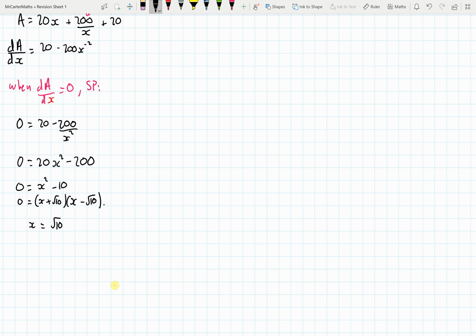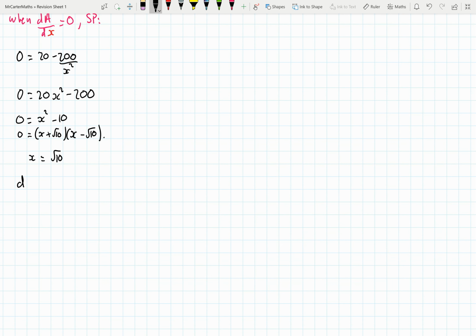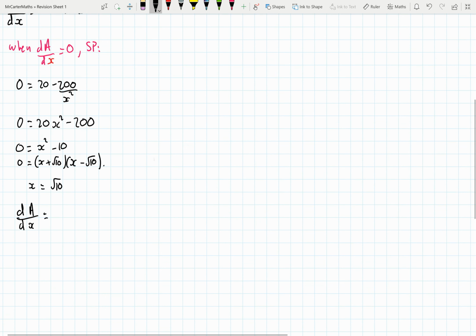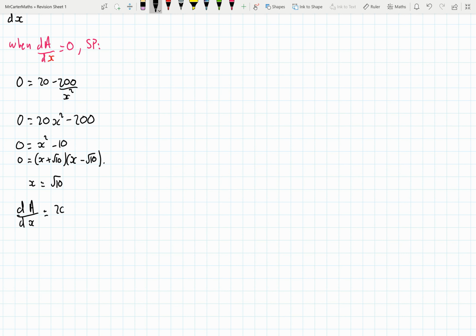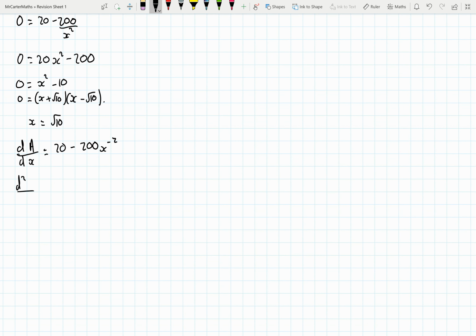I'd like to go a little bit further and check that that's a minimum. I suspect it is, but I need to actually show that in this question. So if I want to think about minimums, I should take my derivative, which we had before, as 20 minus 200x to the minus 2, and I can differentiate this again to give me the second derivative of A, equal to 0, minus 2 comes down, 400x to the minus 3.